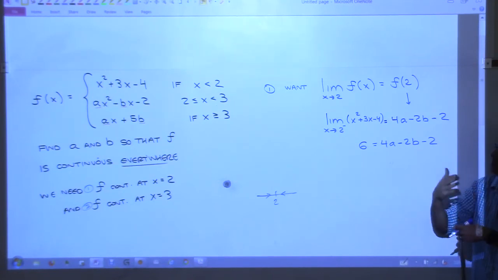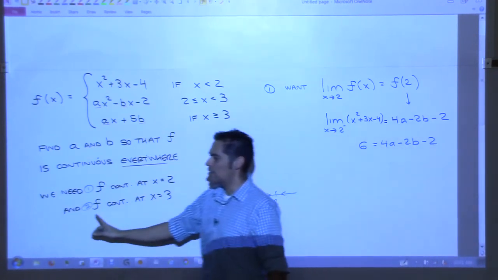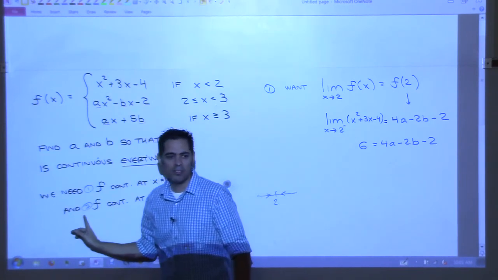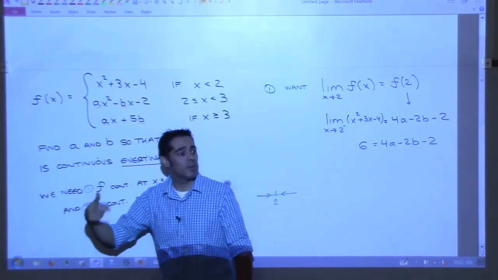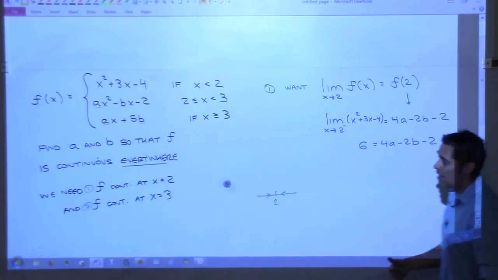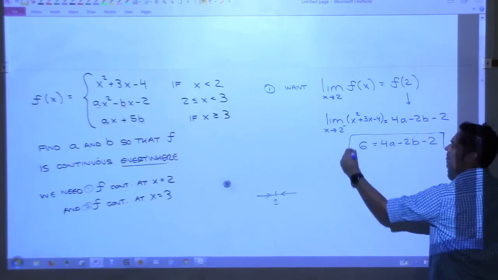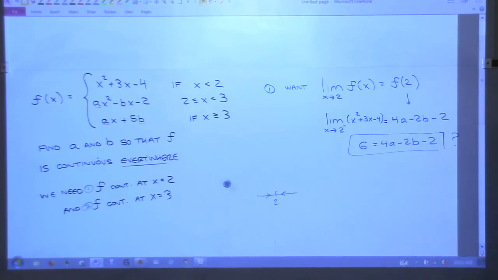But for a system, you would need another equation, wouldn't you? Where are you going to get the other equation from? This was only the first condition. The second condition is going to generate a second equation. Then we're going to have 2 unknowns and 2 equations, and we'll be able to solve. So there's a lot going on here. You good with this so far? I'm just going to leave this and come back to it in a second because I don't know what a and b are yet.